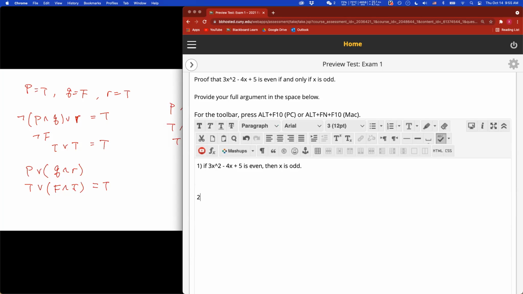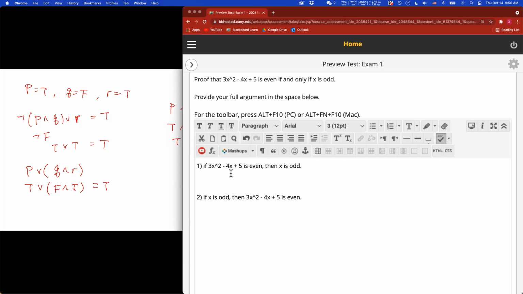And you need to prove that if x is odd, then 3x squared minus 4x plus 5 is even. So you check left implies right and right implies left.